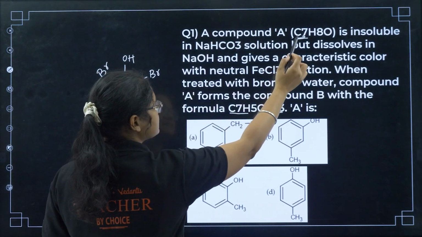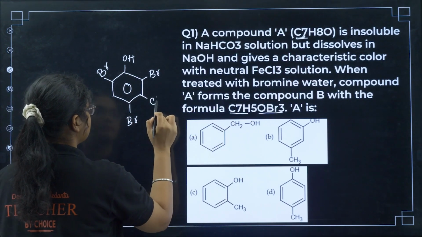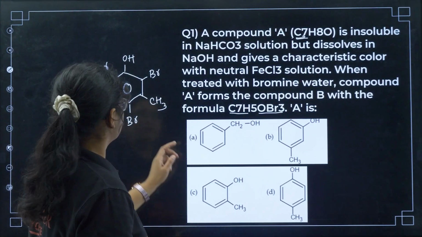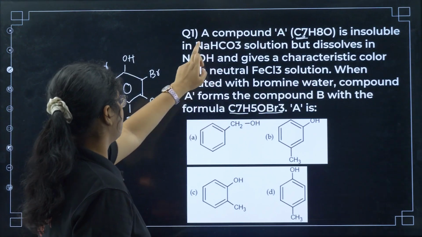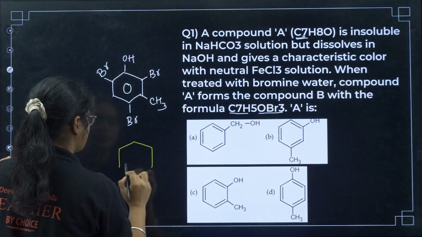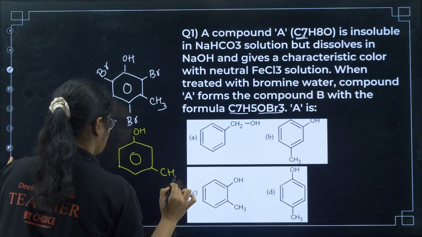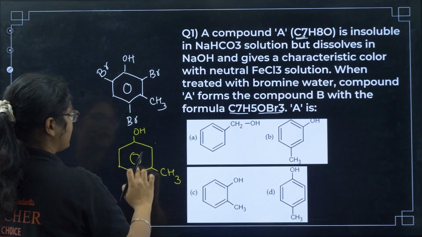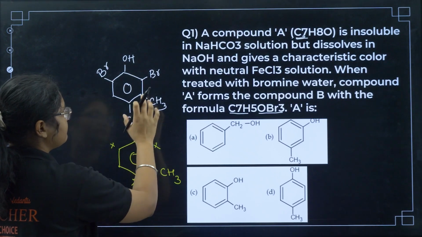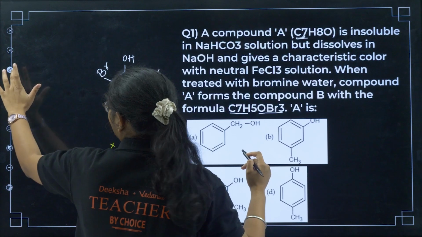Remember I told you there is C7, meaning one more methyl group is there, so that methyl group can be present here. So you have to find compound A. If this is compound A, then at the ortho positions and para positions, you will have bromine. So this is the methyl-substituted phenol, that is option number B here.